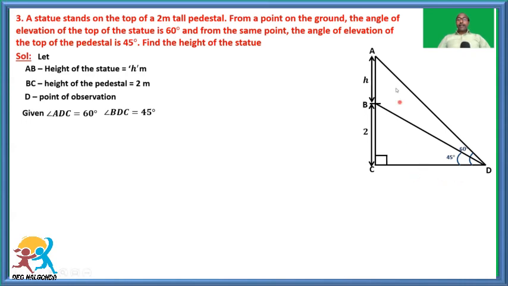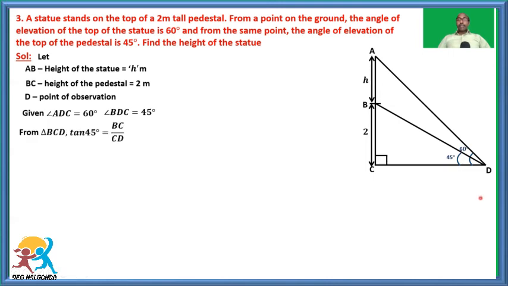So here we have to find H. Directly, we cannot find the value of H. So first find the value of CD, and by taking the triangle ACD, then only we can find H. So to find the length CD, from triangle BCD, take tan D. Tan D is equal to BC by CD.